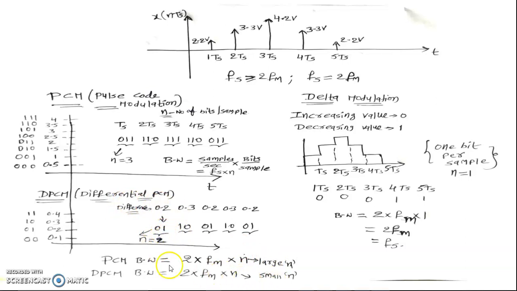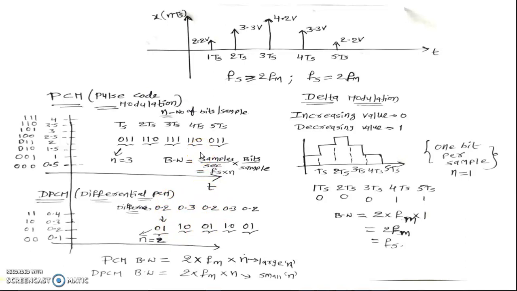So the bandwidth required for PCM is somewhat larger than that required for DPCM. By quantizing the difference between the predicted value and the actual value, we are able to reduce the bandwidth required to send the signal. So the DPCM signal has lesser bandwidth than the PCM signal.